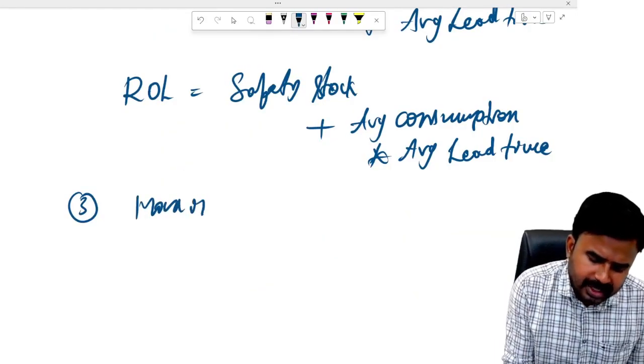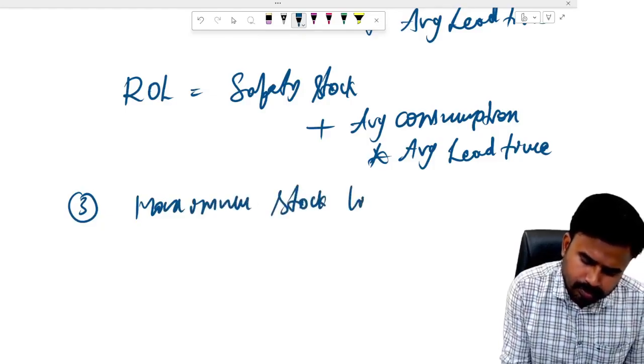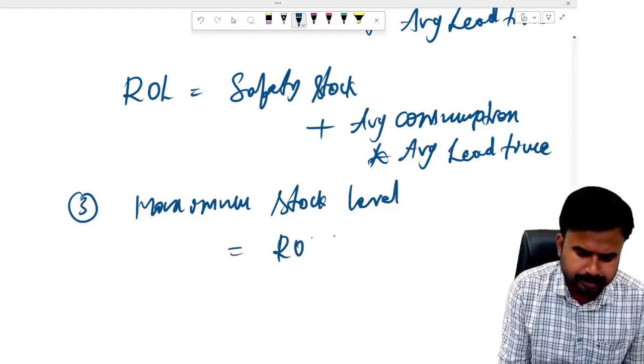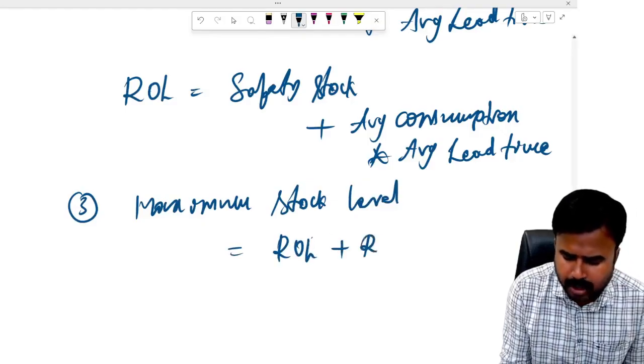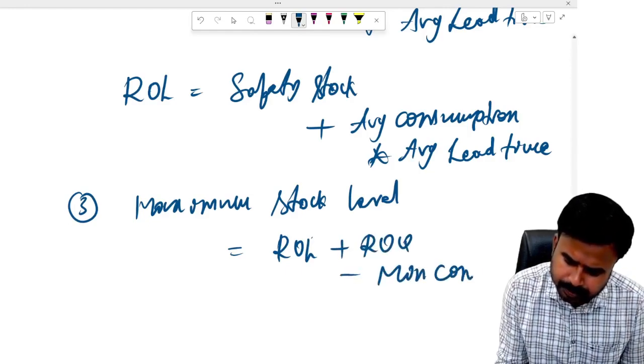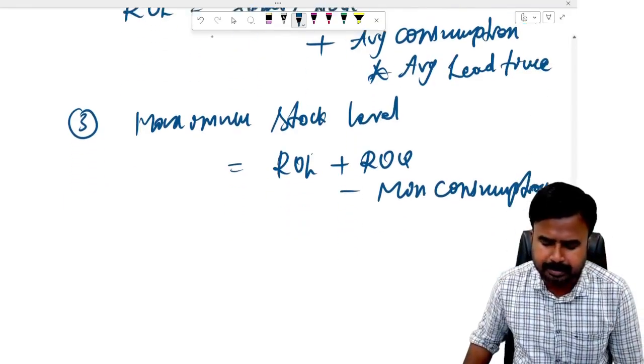The third one: maximum stock level is equal to reorder level plus reorder quantity ROQ minus minimum consumption into minimum lead time.